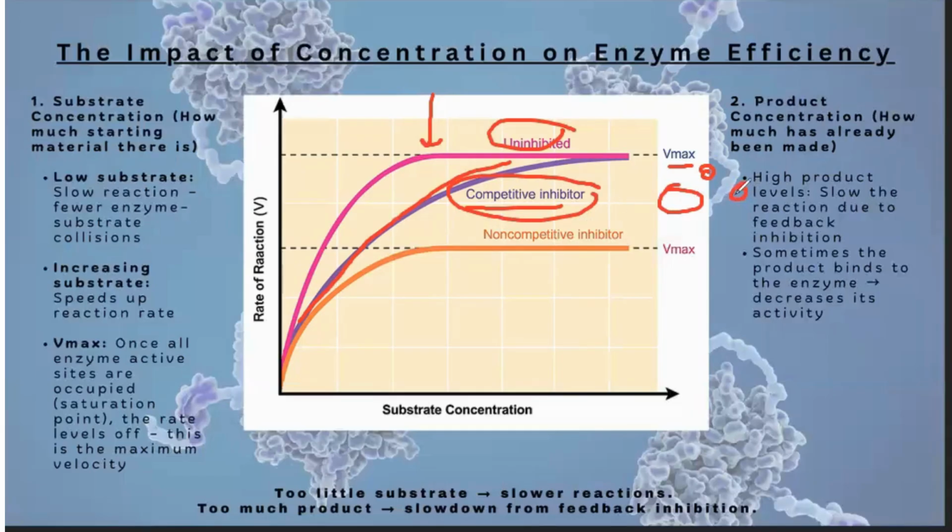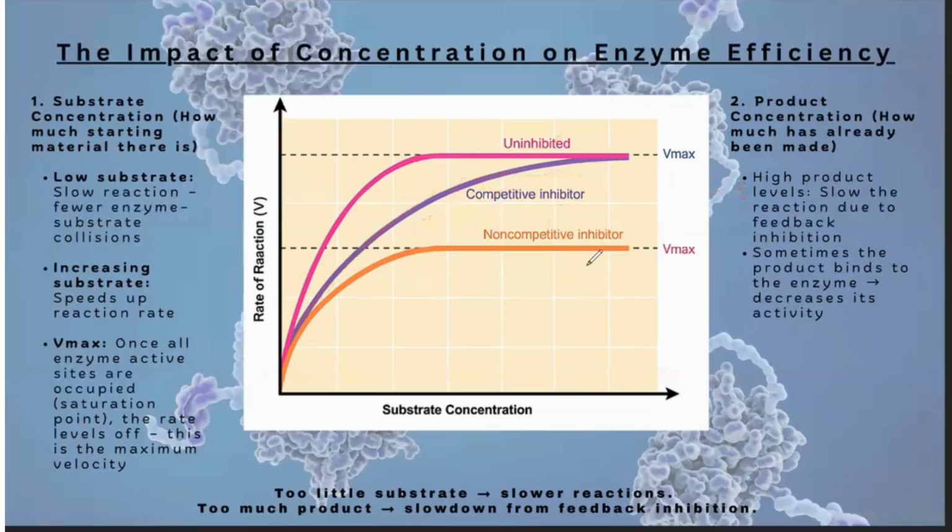So it is going to compete for that spot and start going up, but not working as well as uninhibited because you have that competitive inhibitor blocking that spot. And eventually, whether the competitive inhibitor or the substrate attaches, it's going to peak at the Vmax. So the rate of reaction doesn't go as swift.